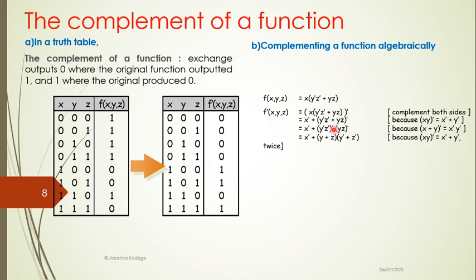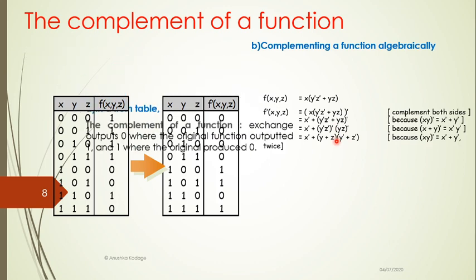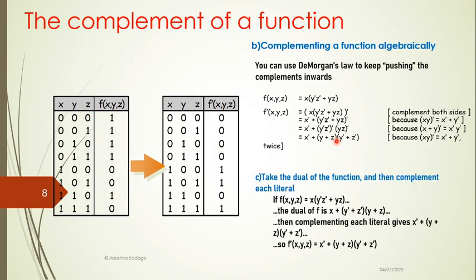That's why this ANDing process has not been changed between these two brackets. So here you might have noticed that while doing these complementing operations, we have used De Morgan's law that we have seen in the previous lecture.